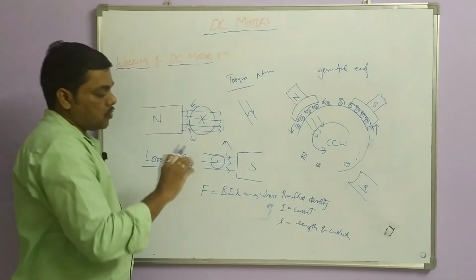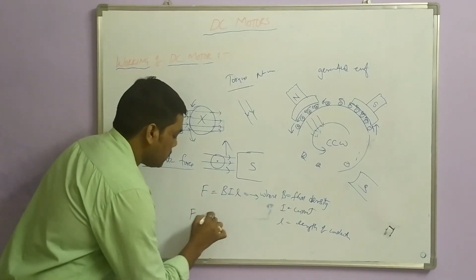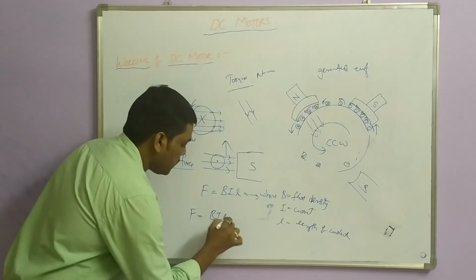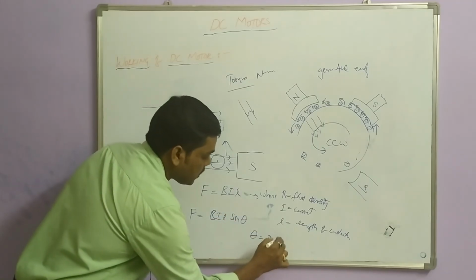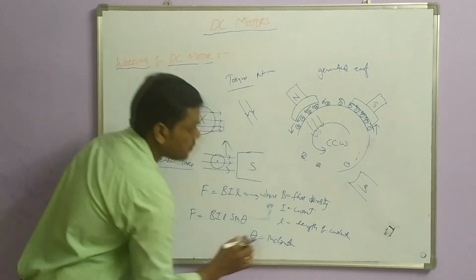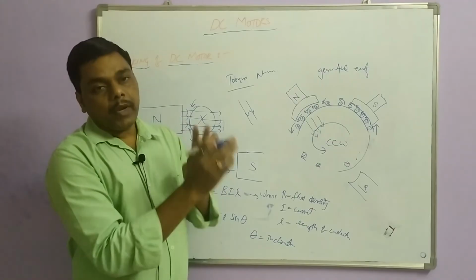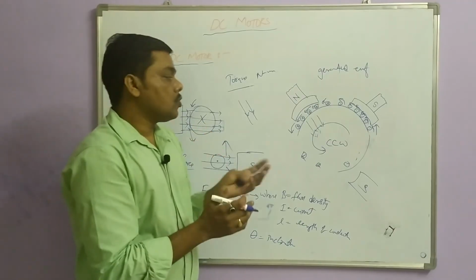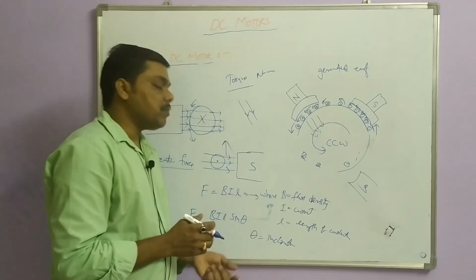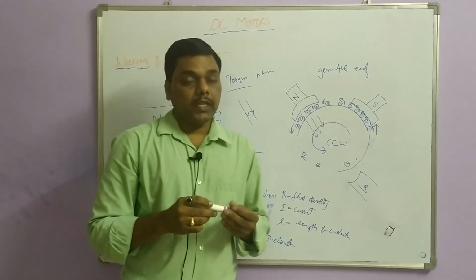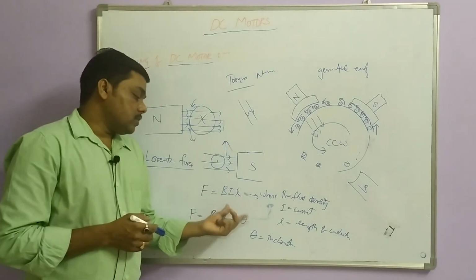This force is also given in terms of an angle: BIL sine theta, where theta is the inclination. If the conductor is inclined from the main field, it is given by the sine theta term.